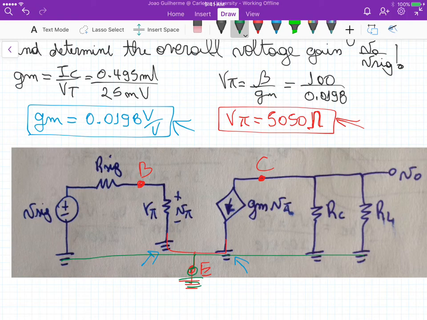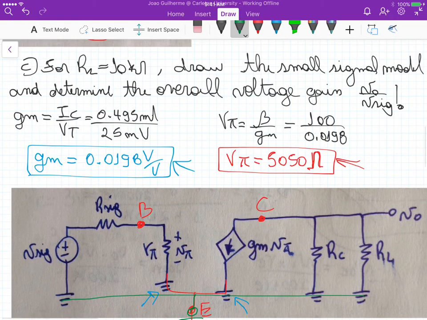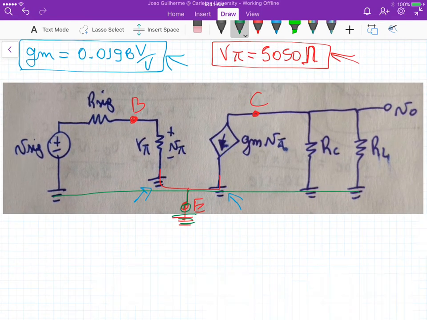So one thing now is, how do we define the overall voltage gain? So we need to obtain this equation here, okay? And first we can define V pi over V signal. So if we look at this branch here, we can apply a loop analysis here to determine this V pi, right?